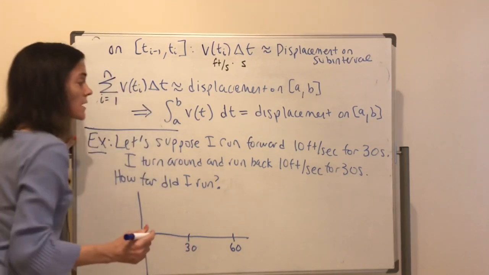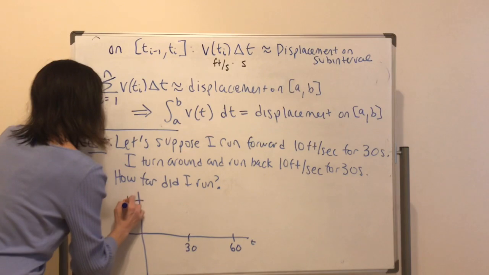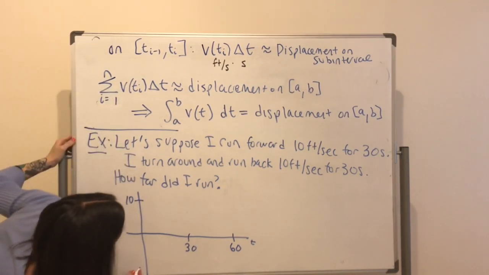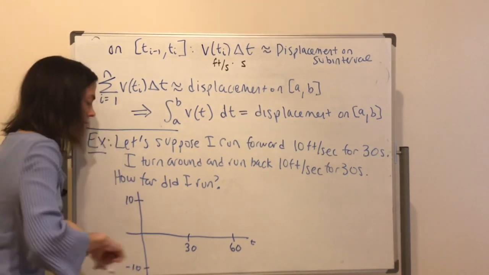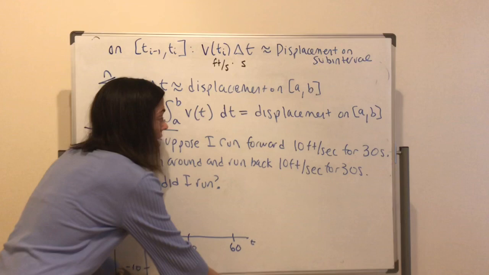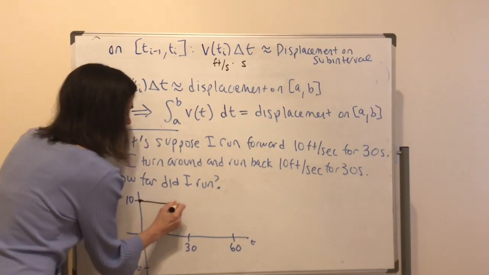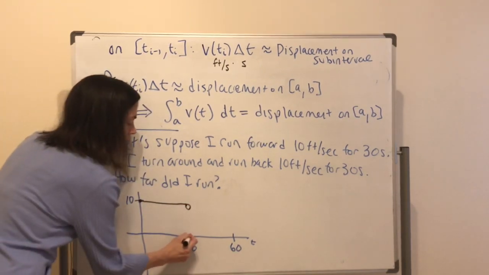I run for 30, so here's time t, and here's my velocity, and then coming back we're down here, minus 10. Okay, so what happens is I start off from 0 to 30 here, and then right at the 30-second mark, there's this moment I turn around.